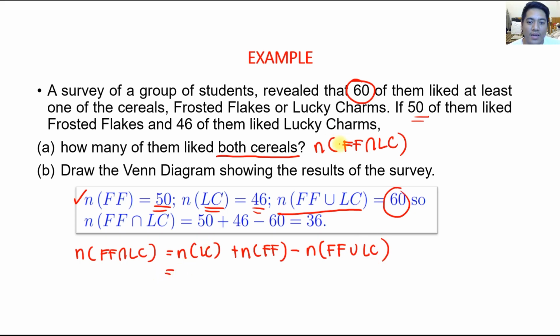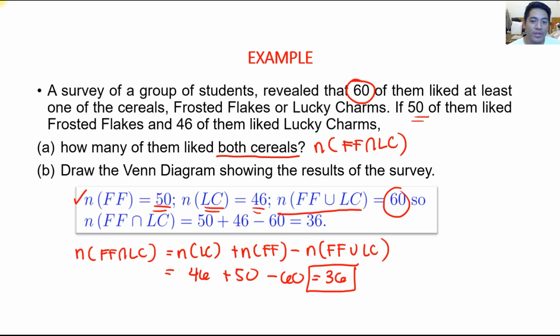So we have LC as 46, and N of FF, which is 50 for the Frosted Flakes, minus 60, which is the union of FF and LC. So we have now 36. Okay? So that is 36 who both like Frosted Flakes and Lucky Charms. They both like the cereals.